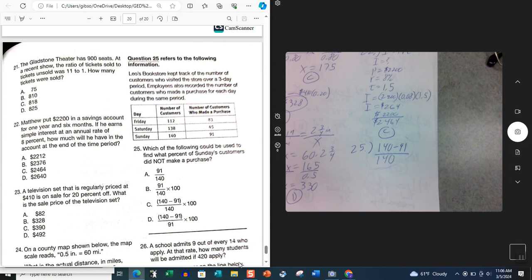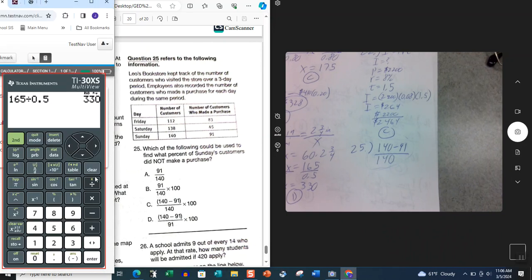Let me show you this so you can see why I'm about to do what I'm going to do. So we'll hit the fraction key. We'll take 140 minus 91. And then we'll put the 140 in our denominator, and we'll hit enter. Now, it did give us a fraction, but typically, we know that it would give us a decimal.